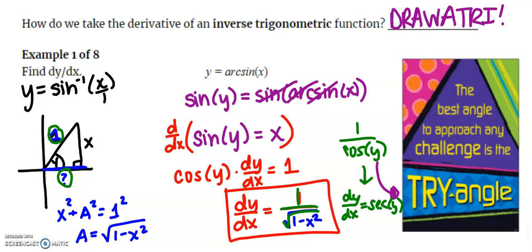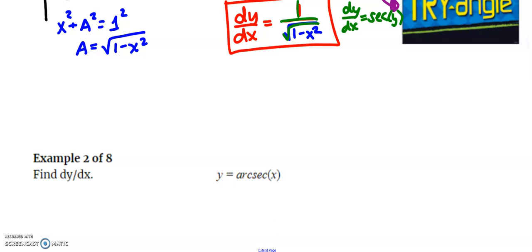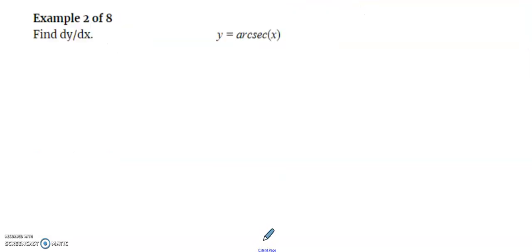All right, example 2, the arcsecant. Find dy dx. Well, the first thing I want to do is draw a triangle. I know that arcsecant is x.